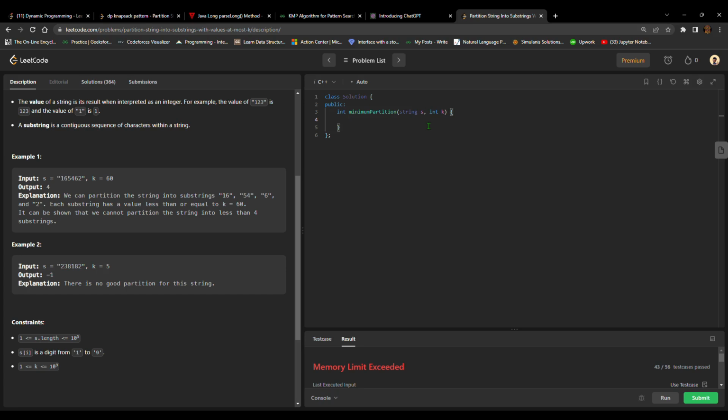So what we really want is the count of parts as our result. That would initially be 0. We would be using a left and a right variable.